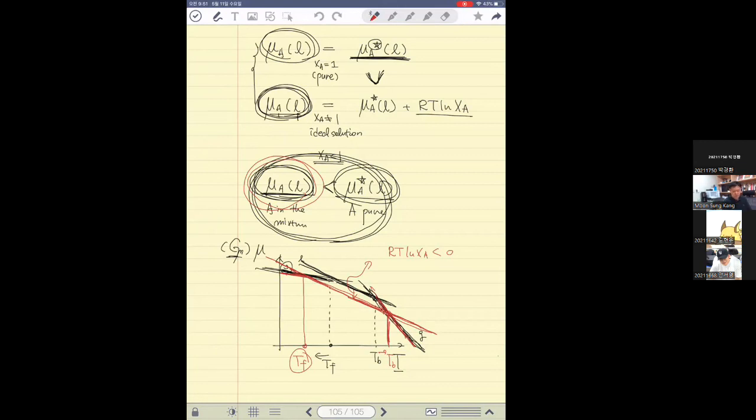Why does that happen? Why is this lower than here? Let's think about this way. If you have a pure substance, the entropy of your system is going to be low, and therefore the tendency for my pure substance to change into a situation where you have higher entropy is going to be strong, and therefore you have a larger chemical potential.